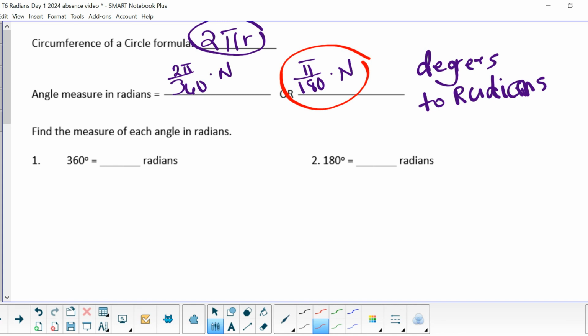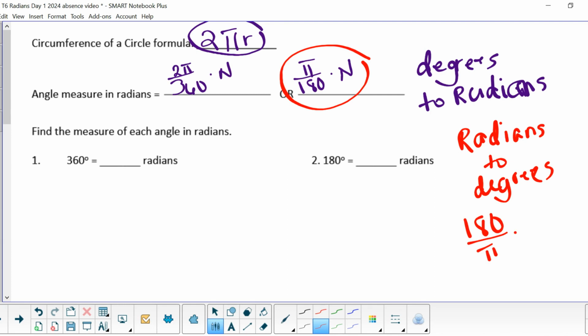If you want to go from radians to degrees, we can even add this here, but you don't need it till another page. It's the reciprocal of what we've got here. So it's going to be 180 over pi times r, for the number of radians.